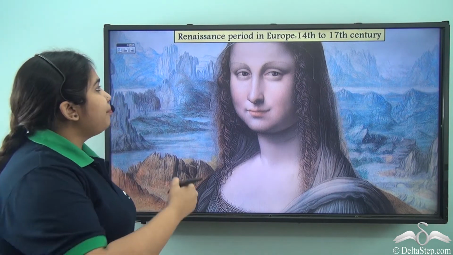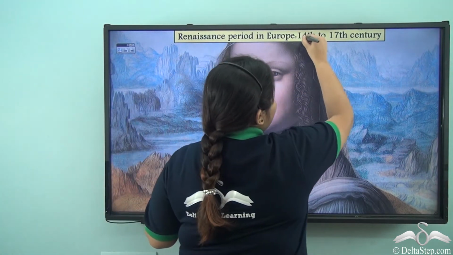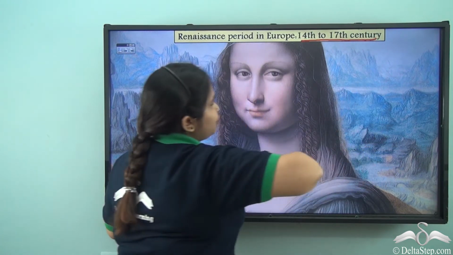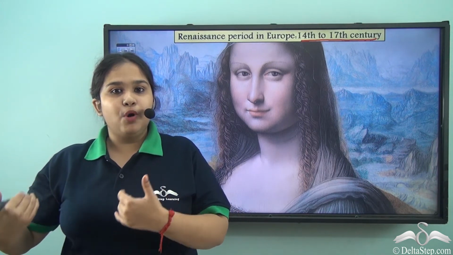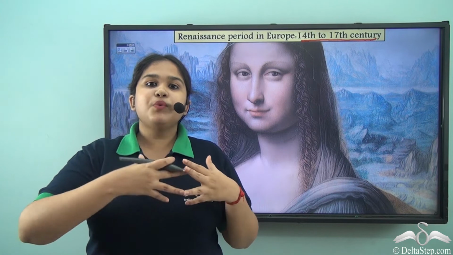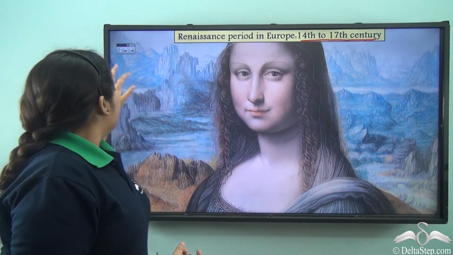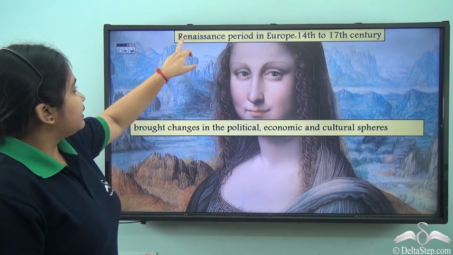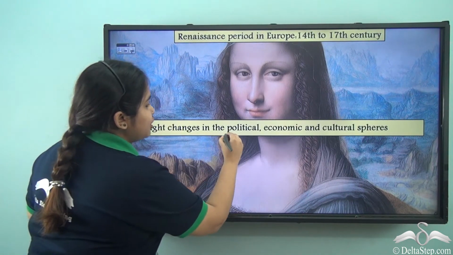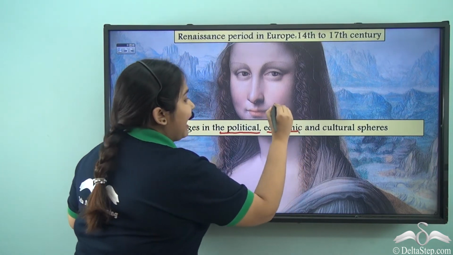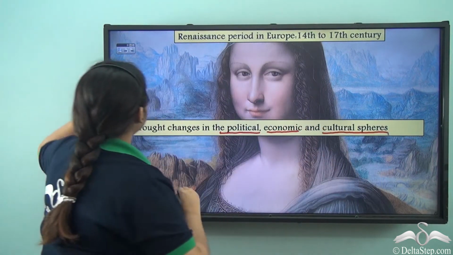So the Renaissance period in Europe, which was from 14th to 17th century, was the period that moved into the early modern. Not exactly like the modern world that we live in, but essentially the Renaissance ideas or ideologies was what created the base for the modern world that we live in, right? So the Renaissance period therefore saw changes in political, economic and cultural spheres.